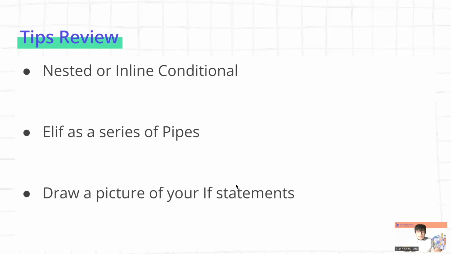And lastly, drawing pictures of your if statements. This is a very good practice, one that even us students use. It's called code tracing. It's a way to visualize how Python is running through your code, basically as a map. What is the route that Python is going? Where does it start and where does it end?